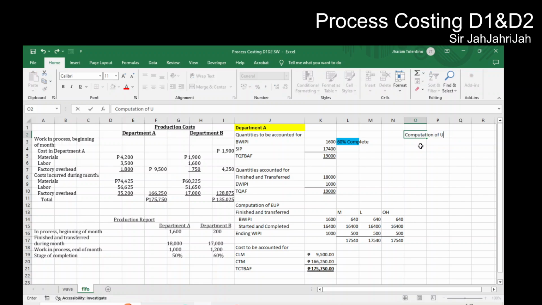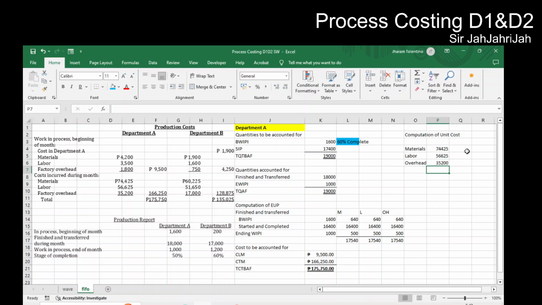Remember that under FIFO, we only need the current month, or this month's cost. So we have materials, labor, and overhead. Current costs are 74,425, 56,625, and then 35,200.